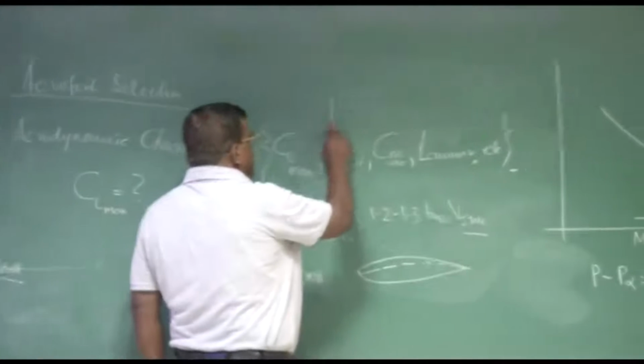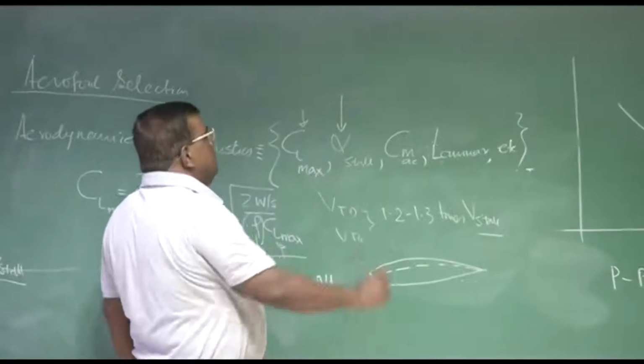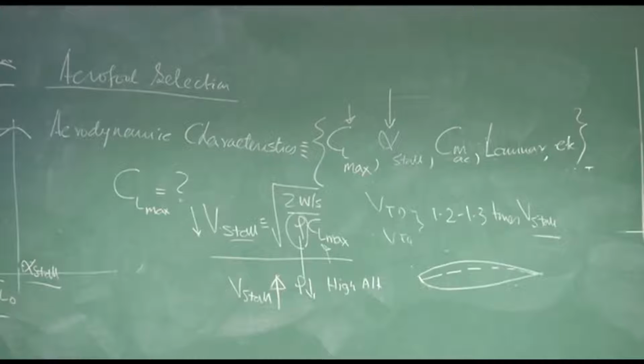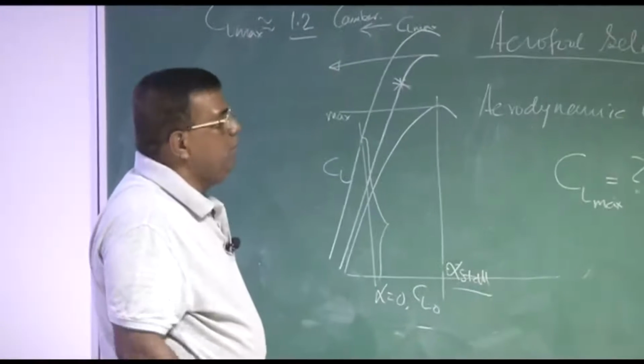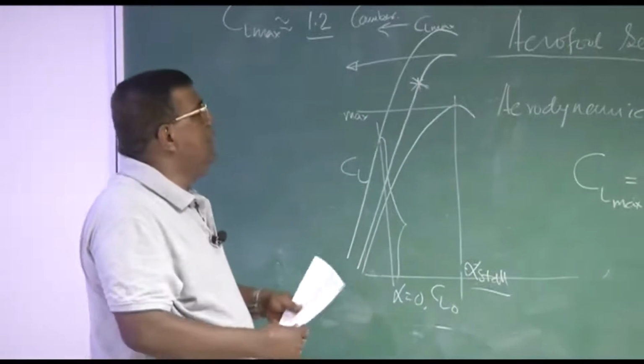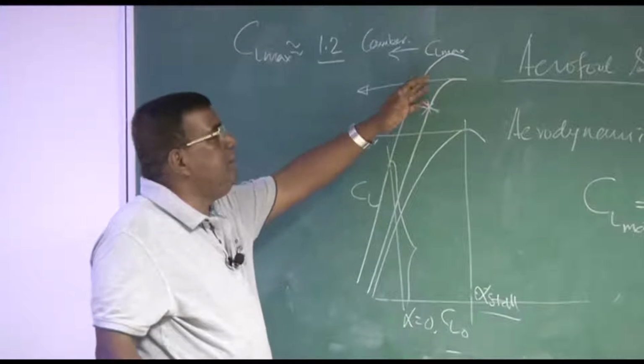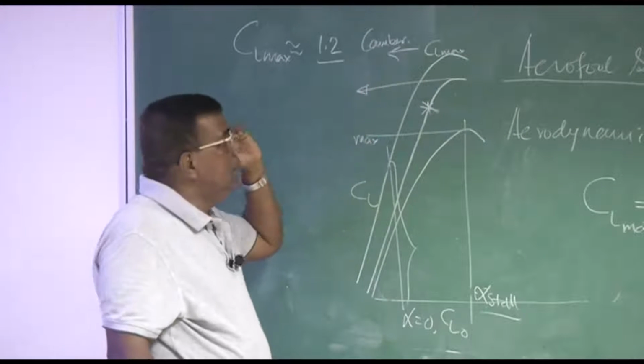Alpha stall and CLmax go together. And let us say you have an aerofoil where, by doing this optimization, if I increase camber, CLmax increases but stall angle also reduces.